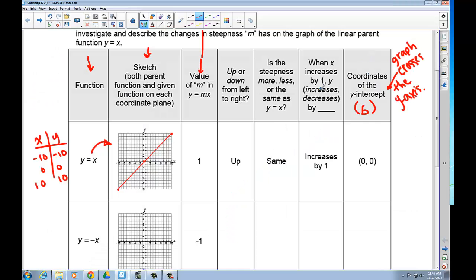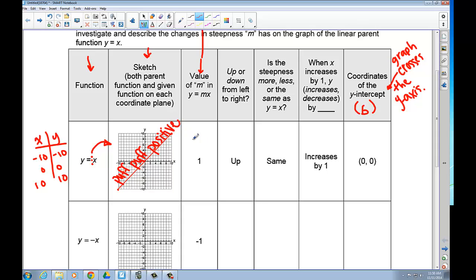And the value of m is 1, because that's the number right here in front. Also known as our slope. Does it go up or down from left to right? Up. And we watched another video because it says puff, puff, positive.